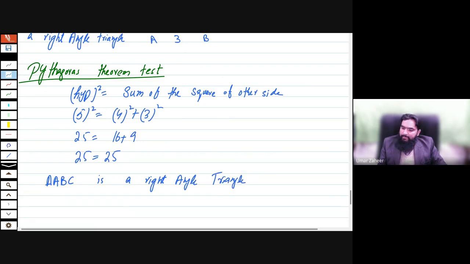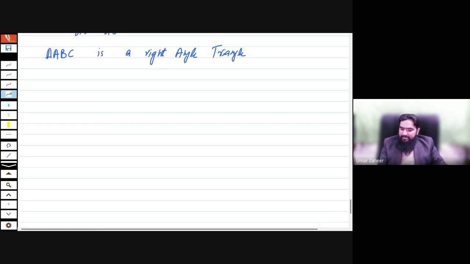But for example, if I take a triangle with sides 5, 4, not 2, let's say.